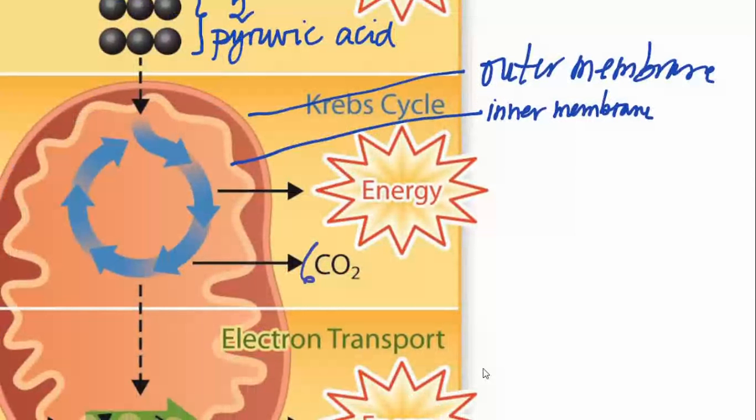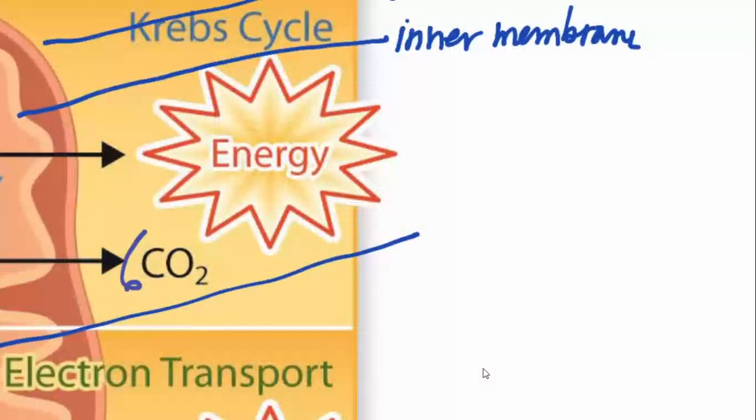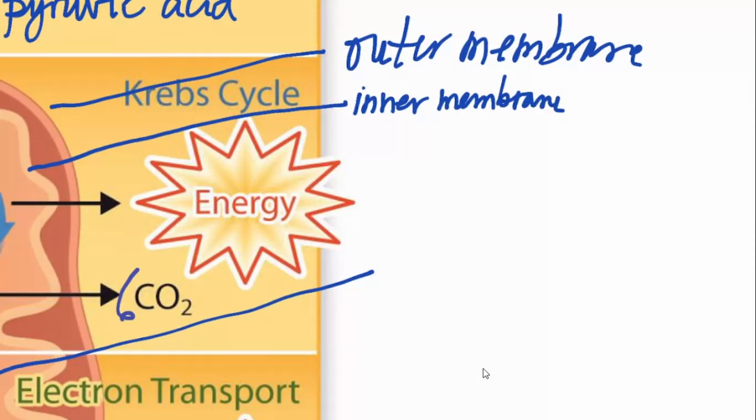There's also a space on the interior of the inner membrane that is interesting. Now, in photosynthesis, that space is called the stroma, but in the mitochondrion, that space is called the matrix.